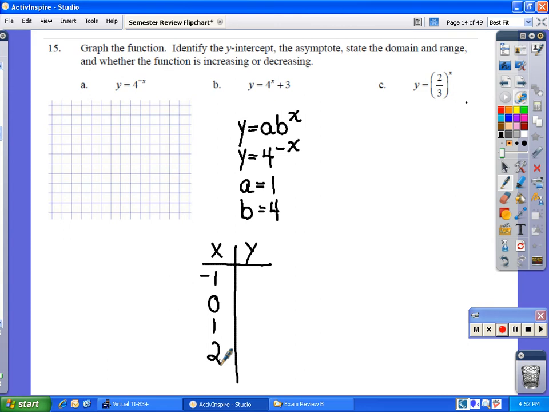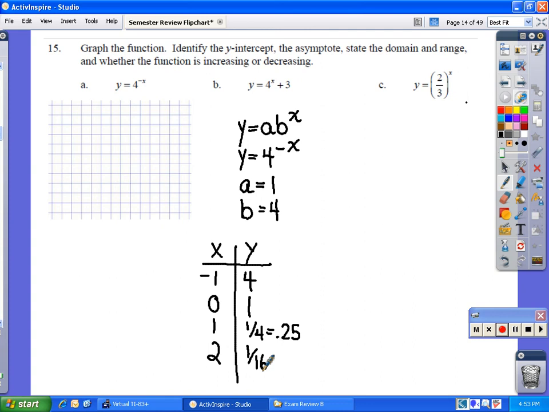And so 4 to the opposite of -1 is 4 to the first, or 4. 4 to the 0 is 1. 4 to the -1 is 1/4, or 0.25, if you're more comfortable with that. And 4 to the -2 would be 1/4 to the second, or 1/16. Okay, so we realize that this is getting closer and closer to 0.